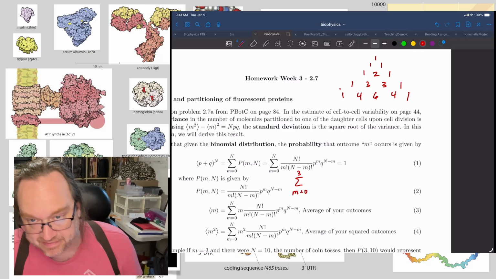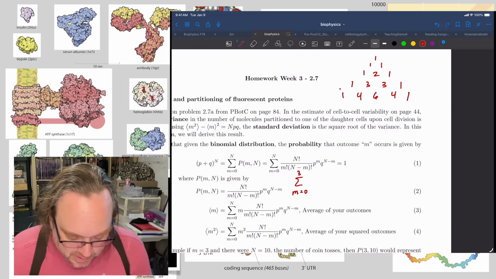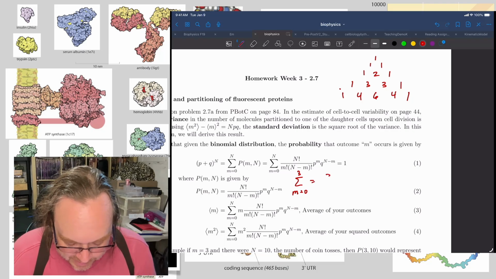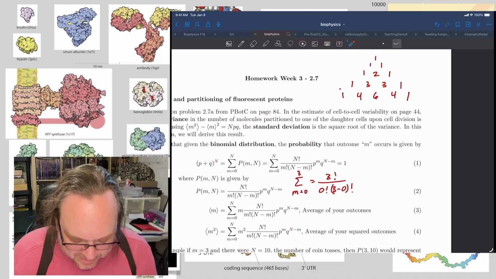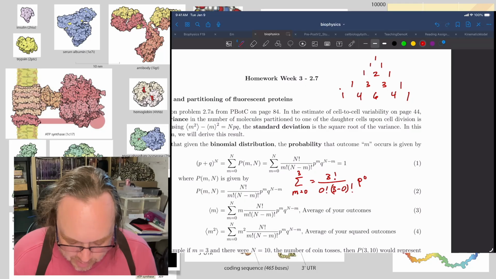So that's going to give me 4 terms in my sum. And that's going to be 3 factorial over 0 factorial, 3 minus 0 factorial. That's the first term right here. And then I've got as well p to the 0 and q to the 3.